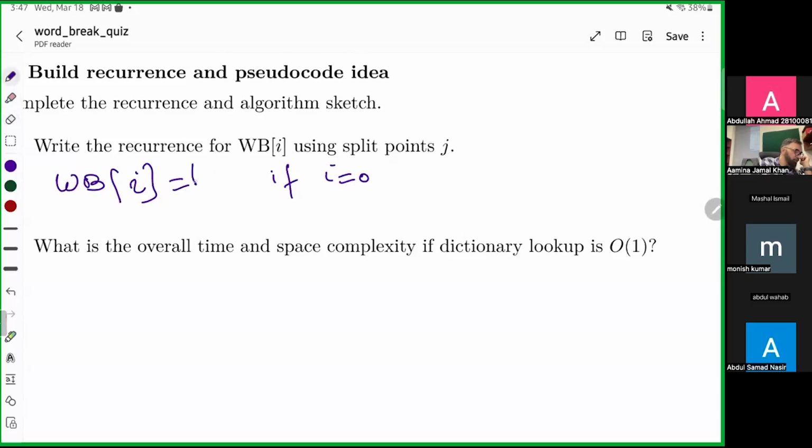It's either 1 or true. You can always split the empty string by definition.